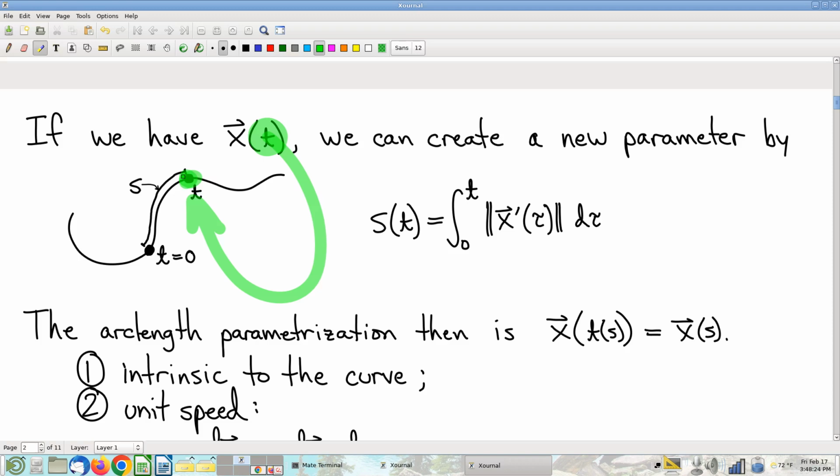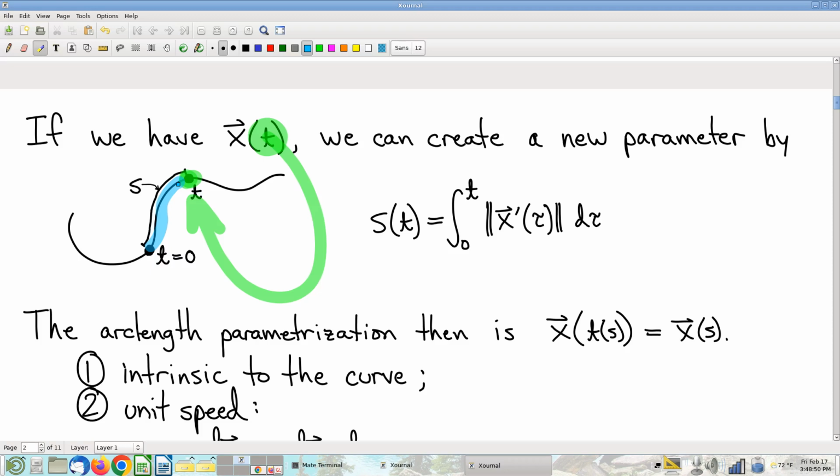All I have to do to reparameterize is find an algebraic relationship between t and something else. And here's what that something else is going to be. That something else is going to be arc length. Specifically, the amount of length that I have drawn out between wherever I started when t was 0 and wherever I am at this given value of t.